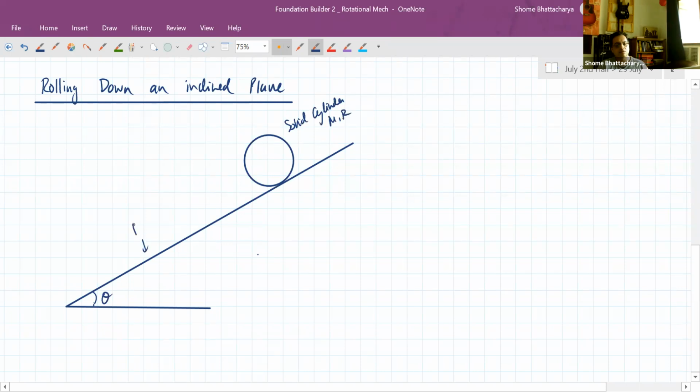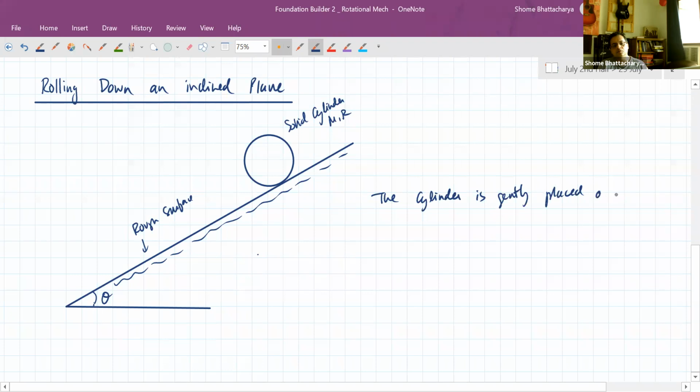And this is a rough surface. So the cylinder is gently placed on the surface and released from rest.